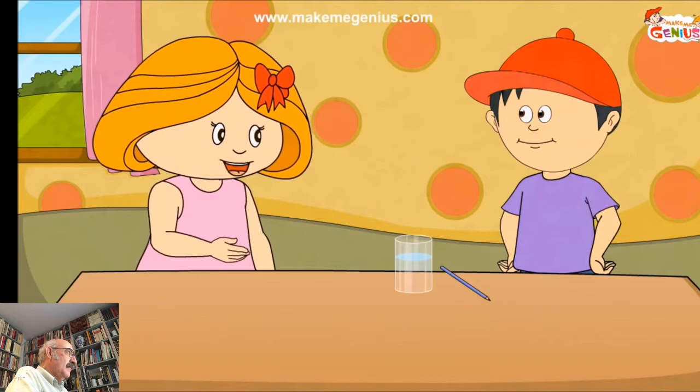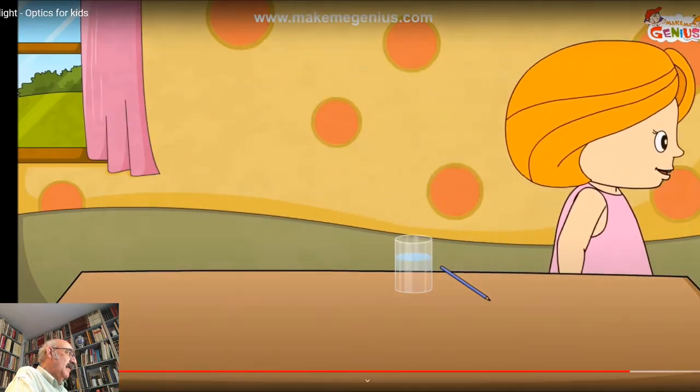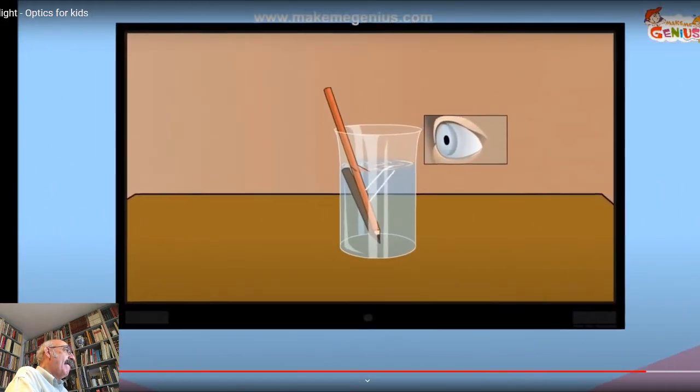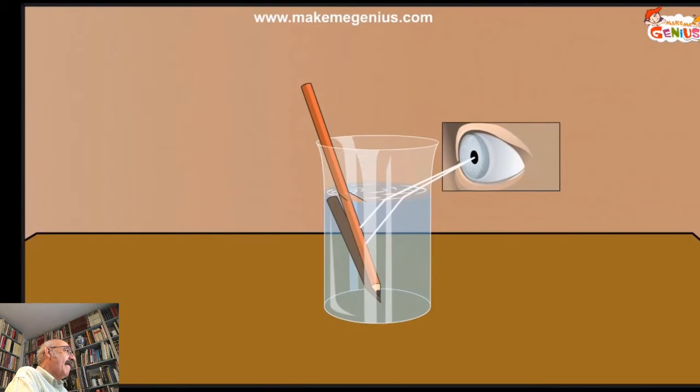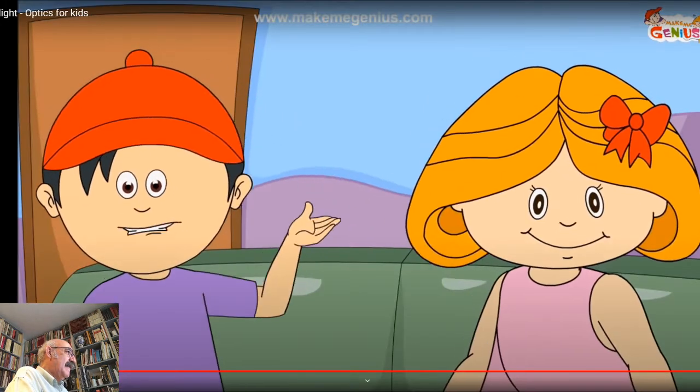Let's look at it in detail. See, the light reaching the eye is coming from a different direction. Yeah, because light changes its direction when it travels from air to water. Yes, it enters from one medium to another, so it changes direction due to the difference in density of the two mediums. This is refraction. So guys, now you understand refraction.